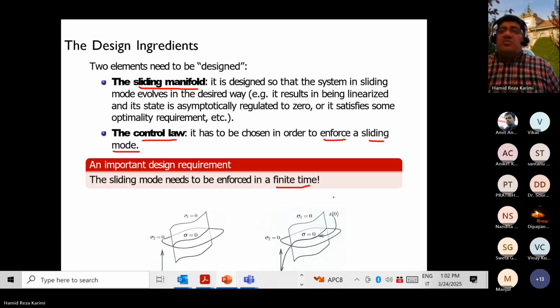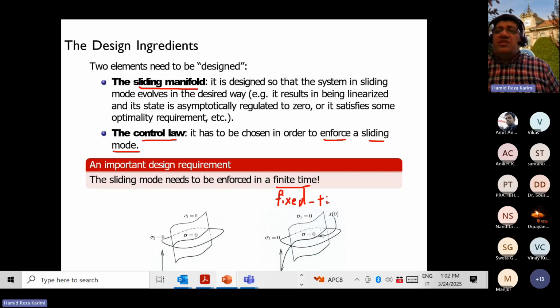Please pay attention that in control we have two topics, finite time and fixed time. These are the two keywords. You can see many state of the art works. A sliding mode can be done in finite time, but what does fixed time mean? Fixed time could also be one representative of finite time, but it means that the time is designed by the user, for example at one specific time, so that the control should reach the target.